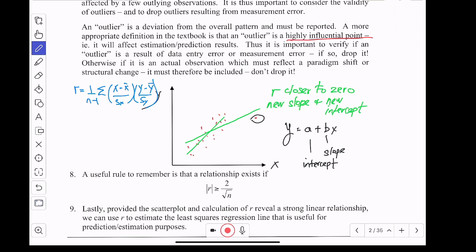The fact is, R depends on X bar. And what do we know about X bar? It's sensitive to outliers, right? Also, S is sensitive to outliers. So R is sensitive to outliers.